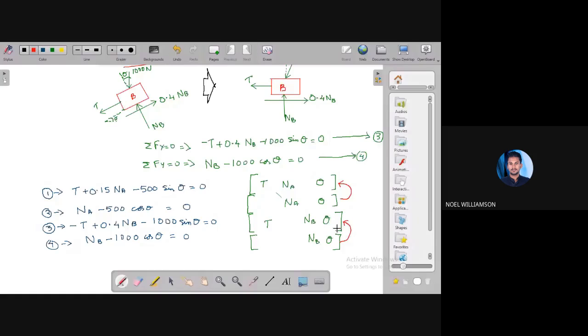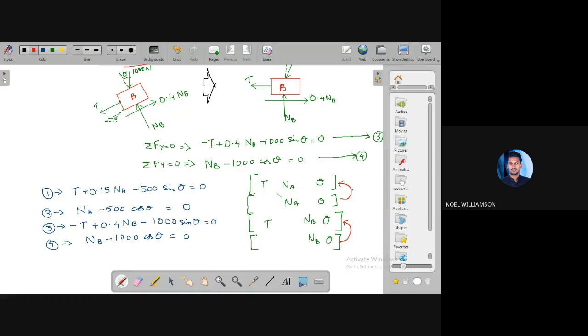So from here you will get a relation. From that you will get 2 relations and you can add or subtract from that. You will get a final relation and you will get the values for theta and T.